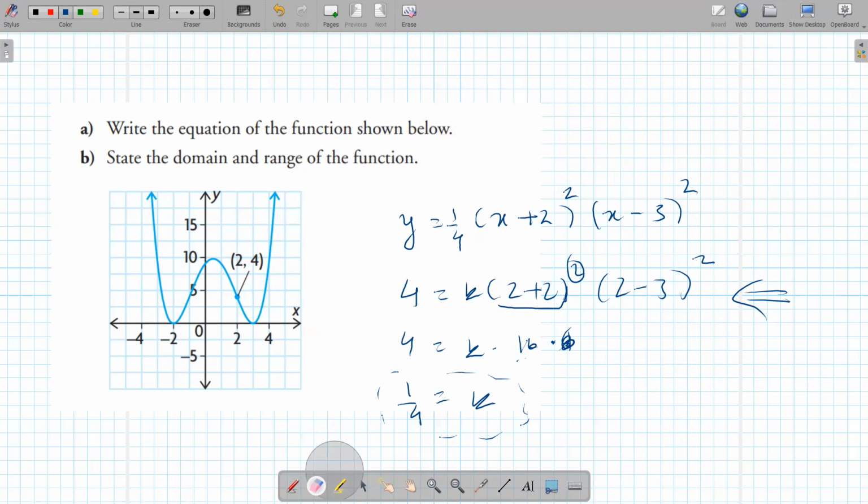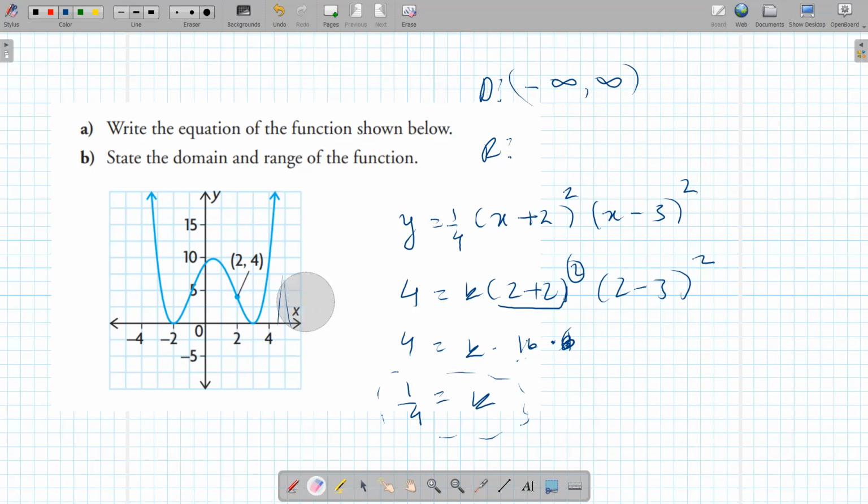What's the domain? It's a polynomial function. What do you think? We talked about this in the beginning of the class today. The domain of any polynomial function is what? Domain means the possible x values it can take, okay? It's negative infinity to positive infinity.